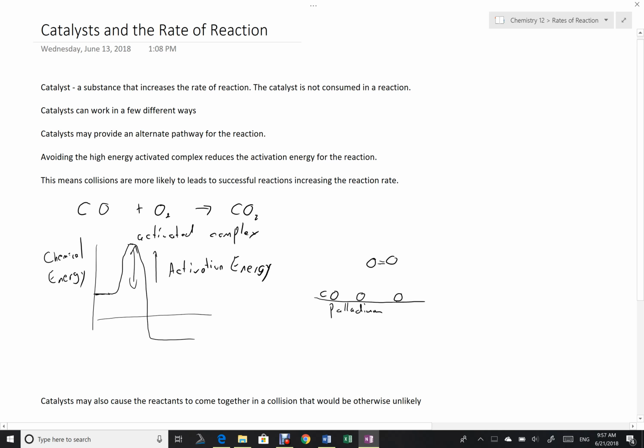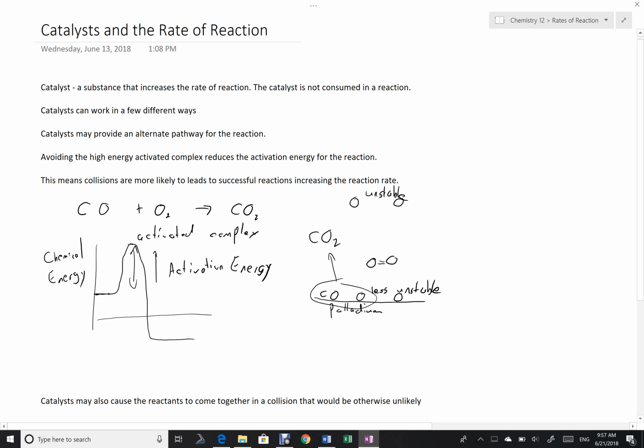But sitting on the palladium surface, it's not quite as unstable as it otherwise would have been. What that allows is for these particles to find each other and form CO2 without oxygen ever having to break up and form just two O's hanging out in the air. That is very unstable. This is still unstable, but it's less unstable.